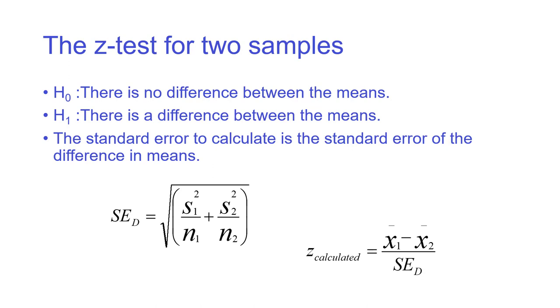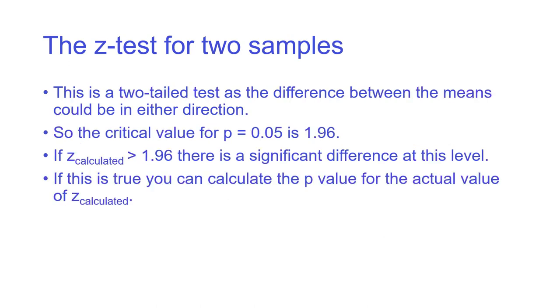Then to calculate the Z statistic, you subtract the mean of one of the samples from the mean of the other and then divide by the standard errors. What you're looking for is the difference between the two means to be large in terms of the number of standard errors. Now for a Z-test, it's a two-tailed test, so the difference between means can be either direction.